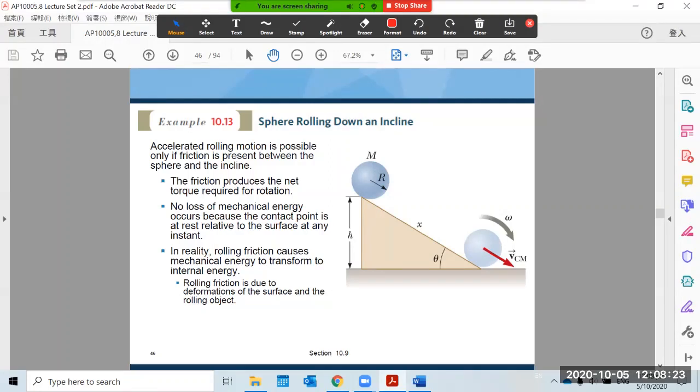So the static friction is causing the torque.